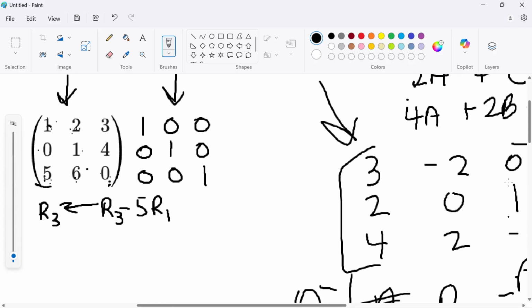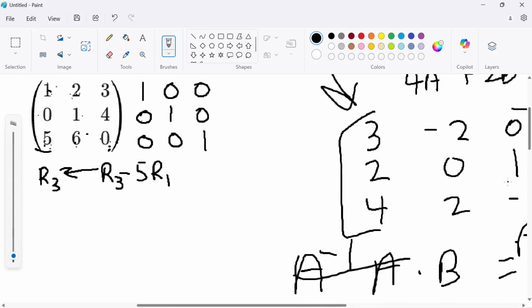And always write down what your row operations are, so if you make a mistake, you can go back and find it. So the first row I'm not doing anything to. Second row I'm not doing anything to yet.